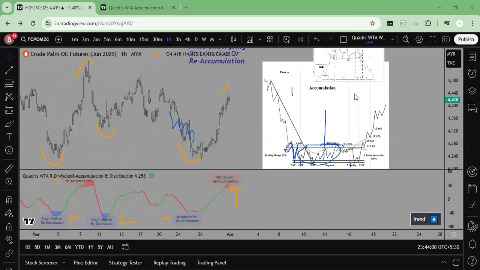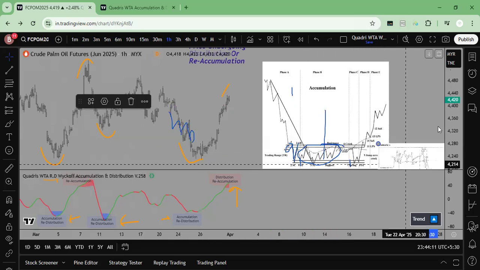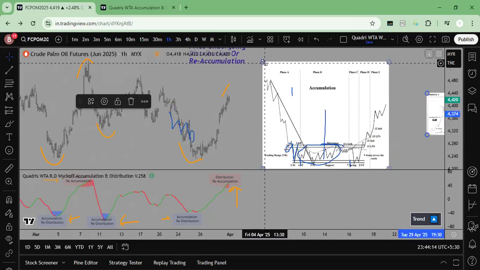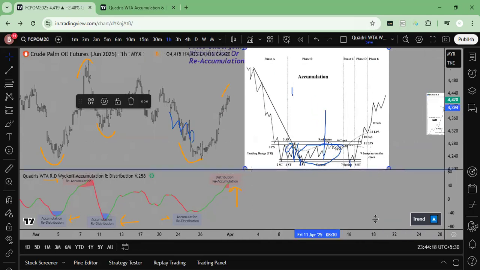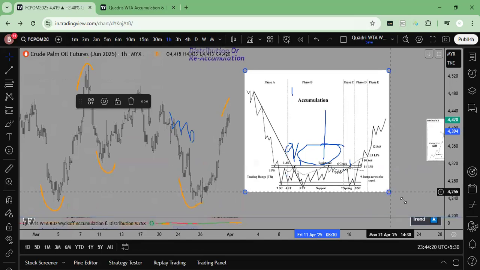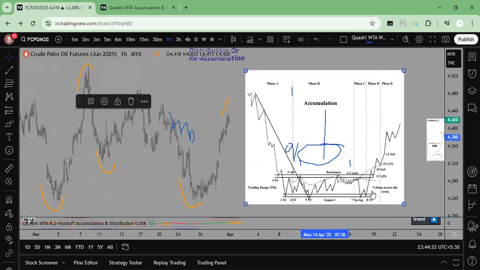Let me clear this so that you will be able to understand. Let me make it bigger. So this is happening, then phase A is clear, phase B is clear.